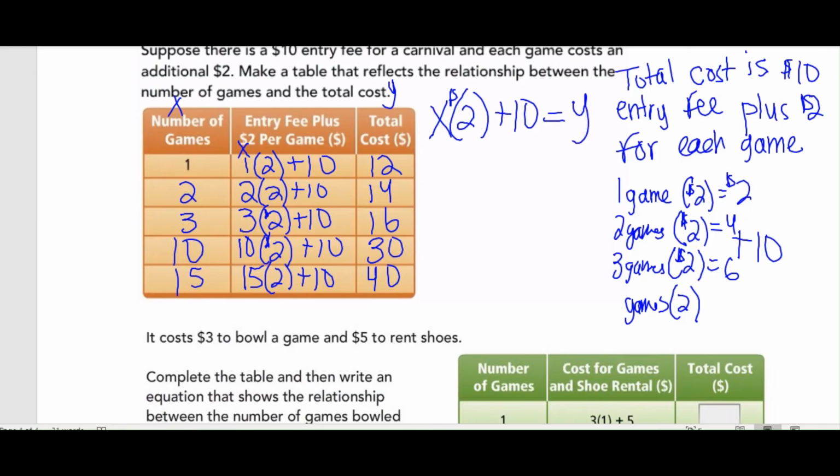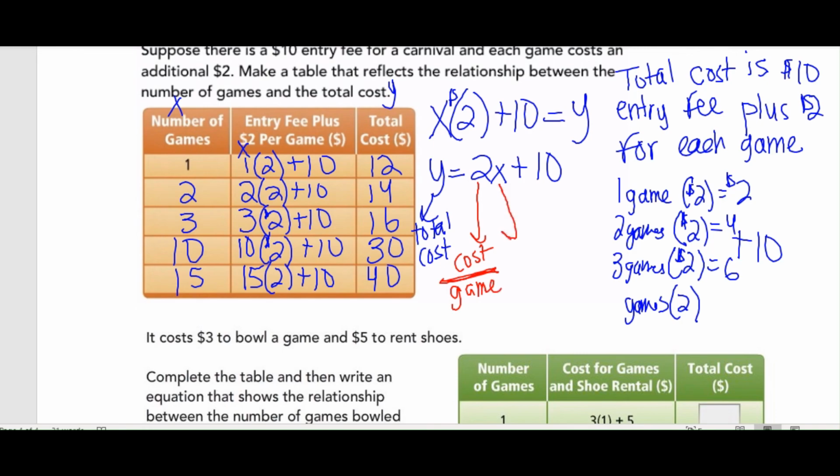So Y is, and you usually see it in Y equals mx plus b, so I'm going to write it the way you would see it. Where Y represents the total cost, and you always want to know what each part of the equation represents. 2 represents the cost per, that's the division line, game, being multiplied by the total number of games.